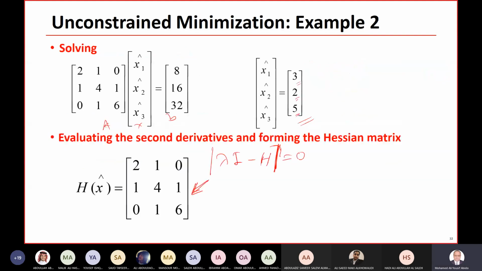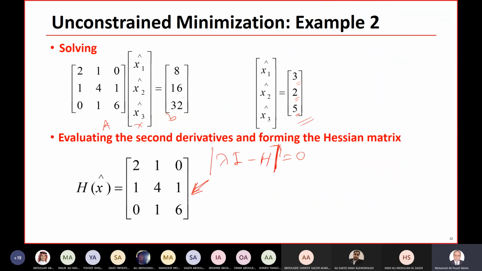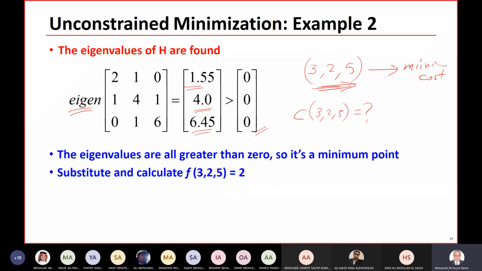We can go back to the cost function at the beginning here, and we substitute x1 equal to 3, x2 equal to 5, x3 equal to 2, sorry, 3, 2, 5, and then you will find the minimum cost equal to 2.